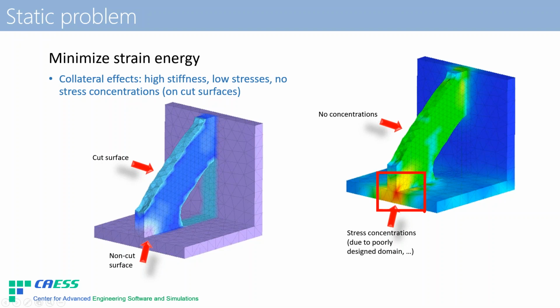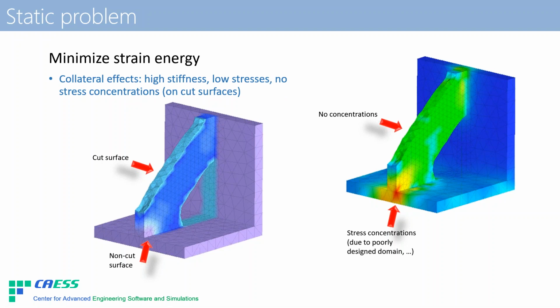This is actually a consequence of a poorly designed domain or poorly designed initial part. So maybe this should be kept in mind: when we prepare the cut model for the part to be optimized, we should be really careful about how to design the parts so that such things will not happen.